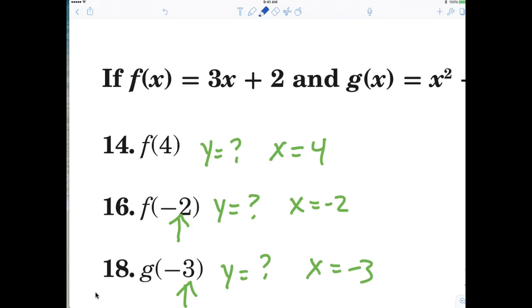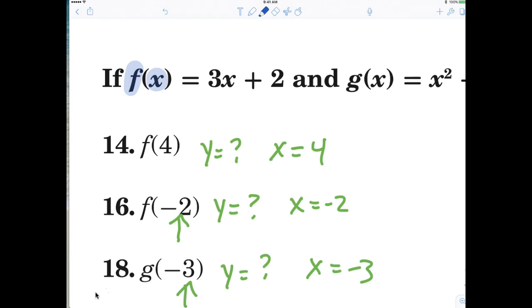This, inside the parentheses, represents the what? X. What's outside the parentheses represents the y. So when somebody says f of 4, all that means is you're finding the y value when the x value is 4, and you plug 4 into whatever function they're talking about.